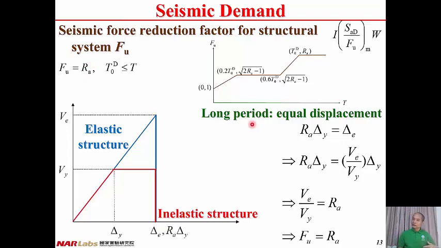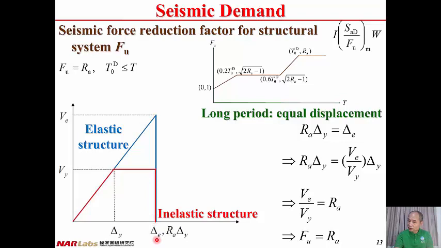For long period structures, the criterion of equal displacement exists. Therefore, if we have two structures, one elastic and one inelastic, under the same earthquake, they have the same displacement.